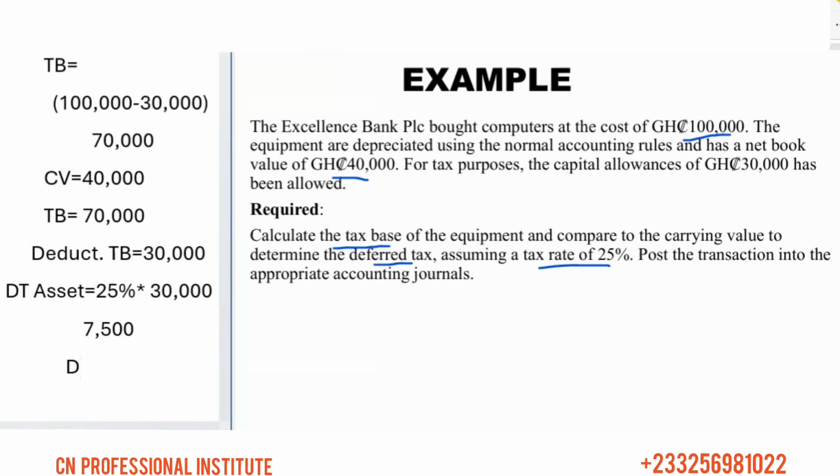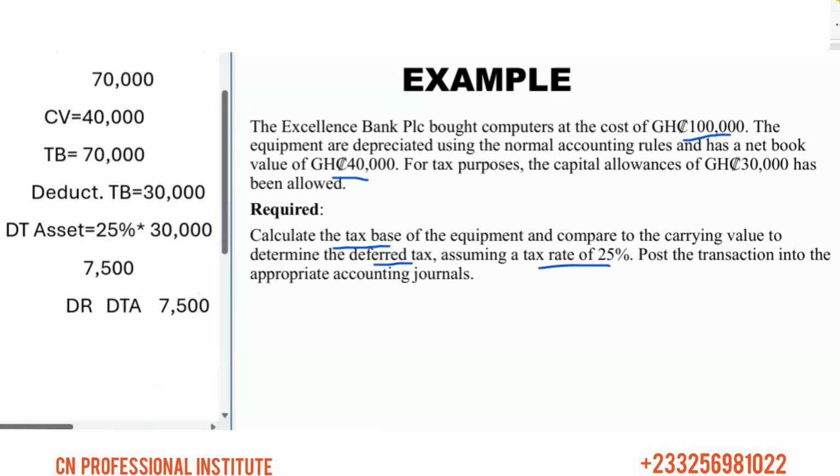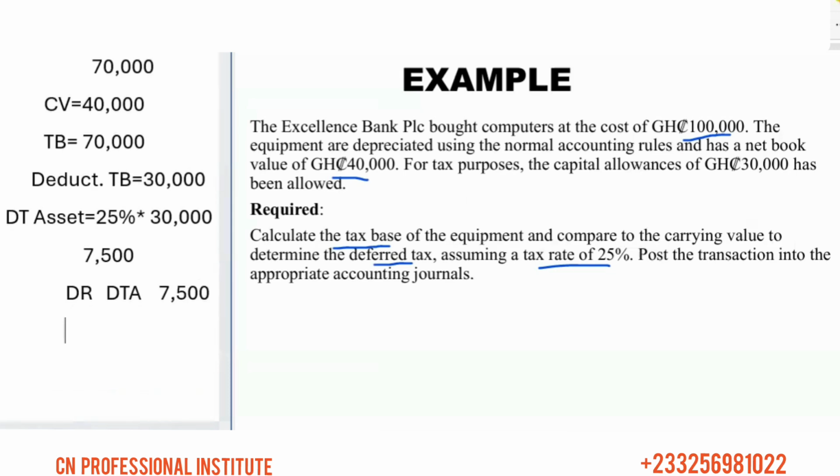So with the journal entries, we debit your deferred tax asset, which will be your non-current asset in the statement of financial position, 7,500, and then you credit your P&L.